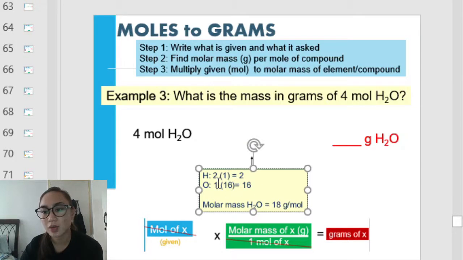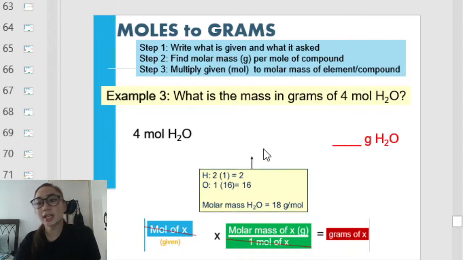So, this is 1. And then, yung 16 natin is galing sa periodic table, ang kanyang atomic mass. So, 1 times 16 is 16. And then, we add this 2 para makuha yung ating relative formula mass or molar mass. So, ang total natin ng molar mass ng ating H2O ay 18 grams per mole.